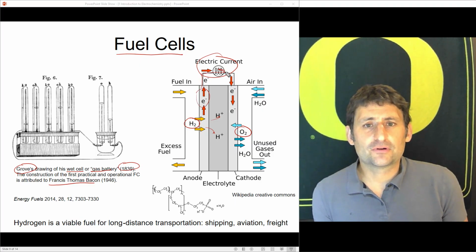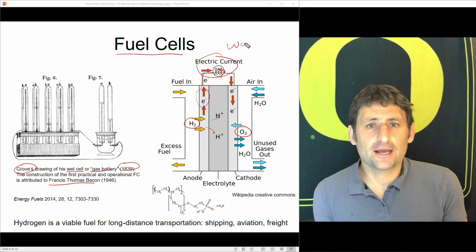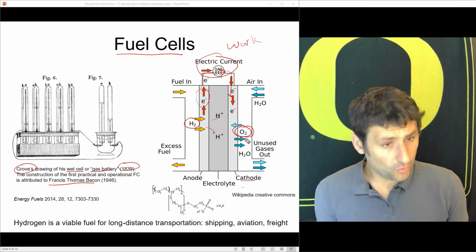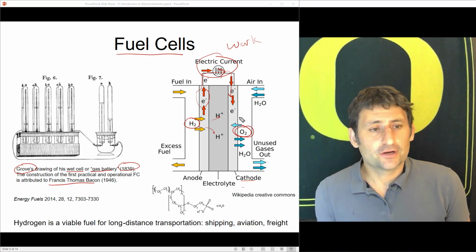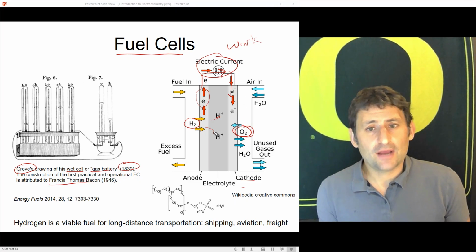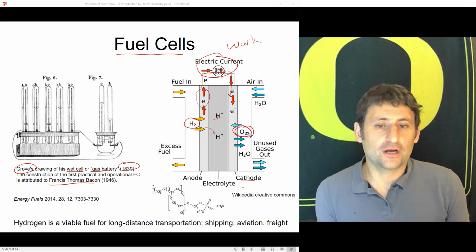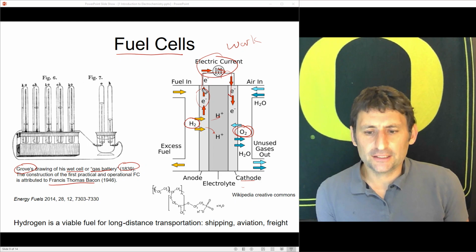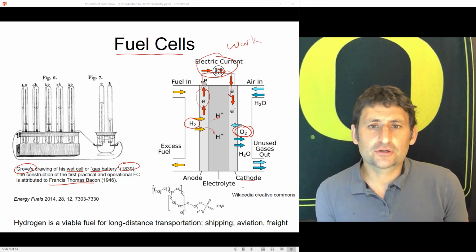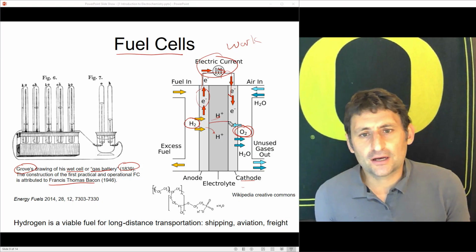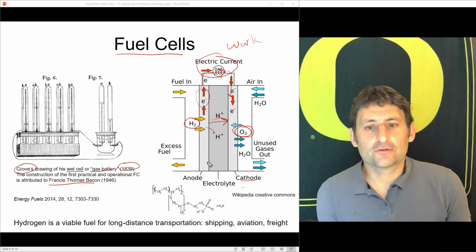You can pass them through an external circuit and get work out, and then put them into the cathode where they can react with oxygen, which really wants electrons. So it's a spontaneous reaction for the electrons in hydrogen to move to oxygen. And what we're doing is we're pulling the electrical work out of those electrons. And now the protons have to move across the membrane, going from the anode to the cathode.